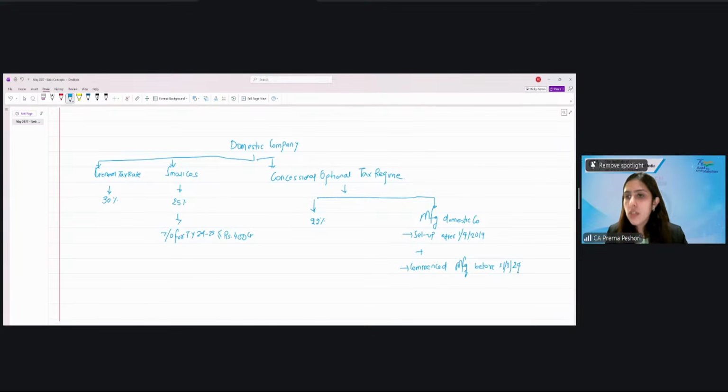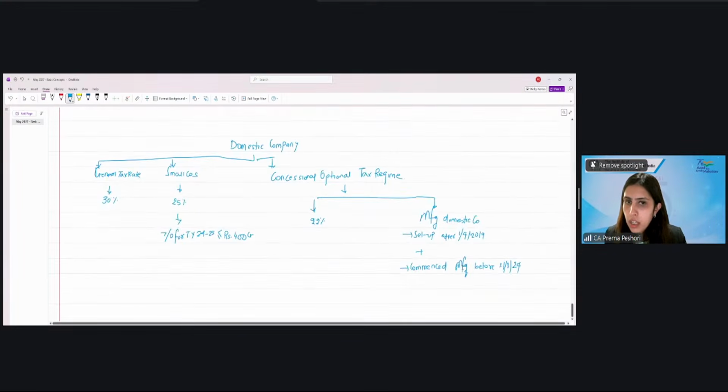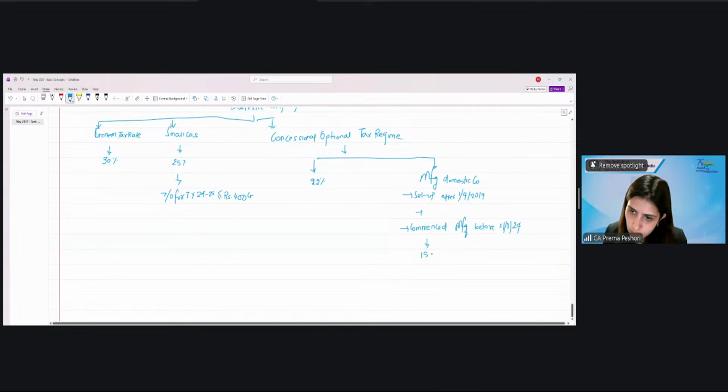Just like your cooperative society, it is very similar to the cooperative society regime, like section 204. So if it has commenced manufacturing before 31st March 2024, then it is 15%. And any special rate income will continue to be taxed at the special rate only. Are we clear?